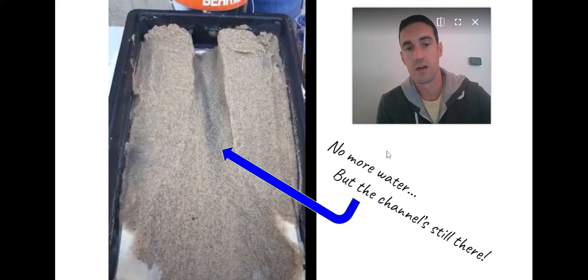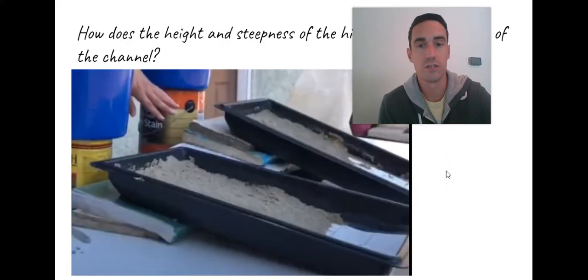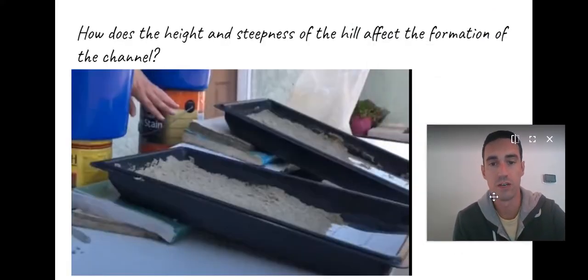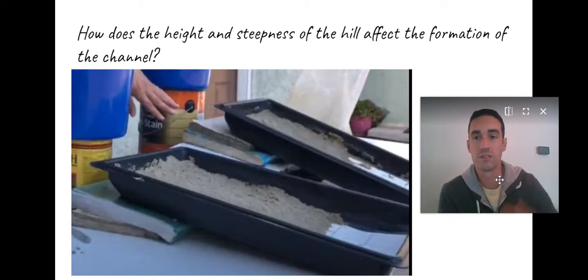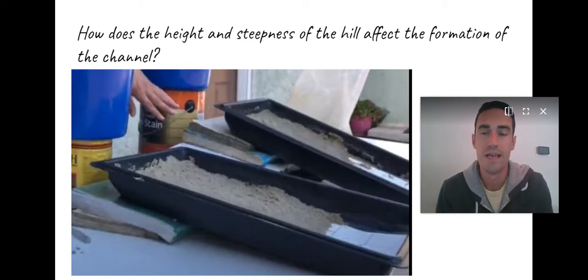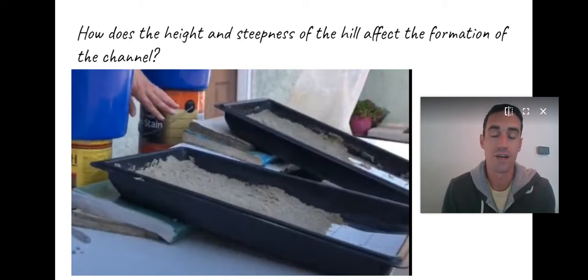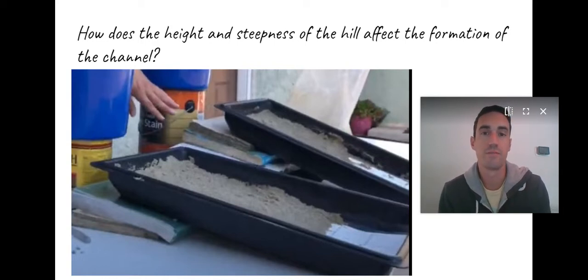We're also going to look at a couple other things that could affect the way a channel looks today. You're going to look at two more videos of models. One of them is going to be by the same teacher that you saw yesterday, and she's actually going to continue, but she's going to add an extra question in here of how does the height and steepness of the hill affect the formation of the channel. So we can look at two different comparisons or two different water tables, and all we're going to change about this is the actual height of the top of the hill.